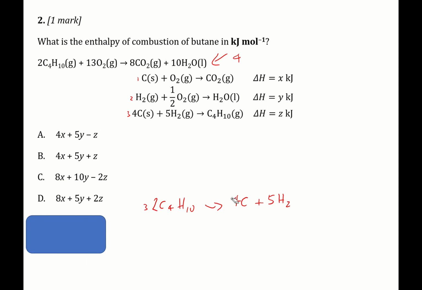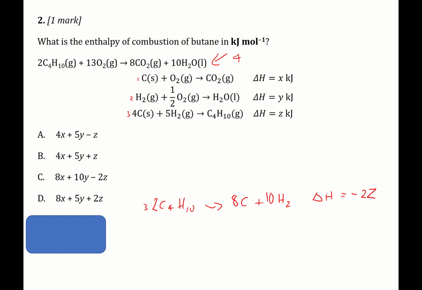So let's erase this and the 5, and we're going to change these to, instead of it being, as we said before, 4, it becomes 8 carbons, and that becomes 10 hydrogen. Okay, so we flipped it and multiplied by 2. So the delta H situation is now minus 2Z.